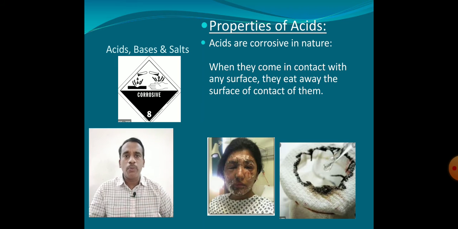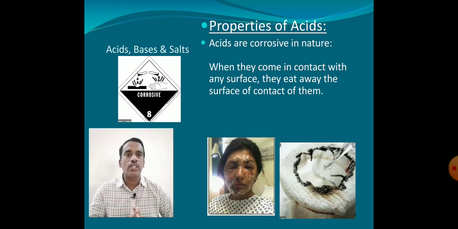You must not place your hands on the tables, because if any acid particle is left behind on the table by the previous batch who had completed the experiment, it may hurt your cloth, and after eating up the cloth you had worn, it may go corrosive to your body parts also.